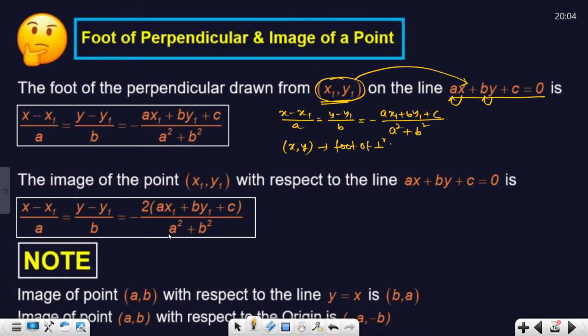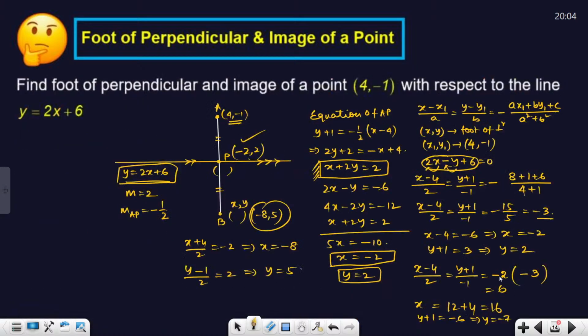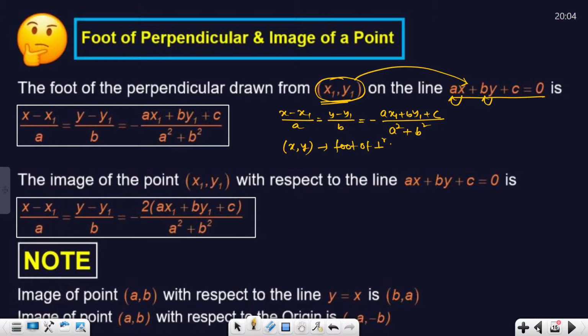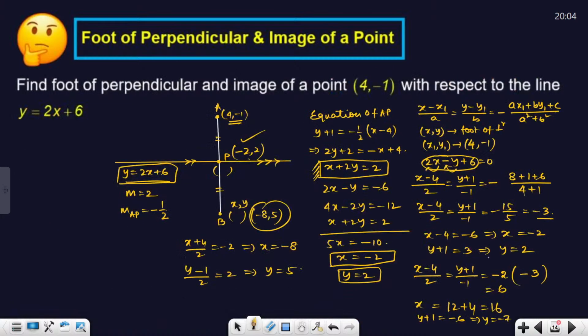Everything was the same, only this 2 will come. So have we done anything wrong here? Can you please tell me where I have done any mistake? There is some calculation error over here. Otherwise, why are we not getting the same answer?